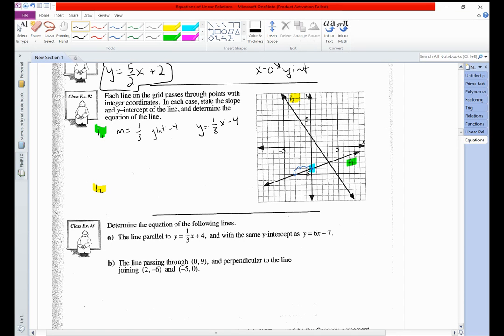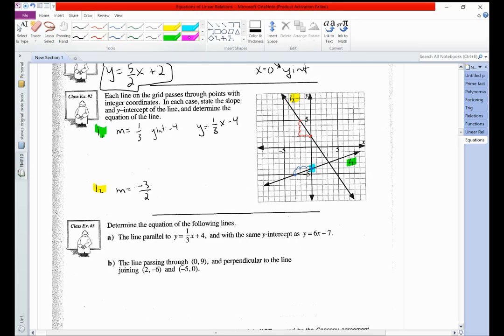That's L1. L2, the same idea. We're looking for integer coordinates. It looks like right there and right there will work. So my rise is -1, 2, 3. My run is +1, 2. So my slope is, my rise was -3, my run was 2.